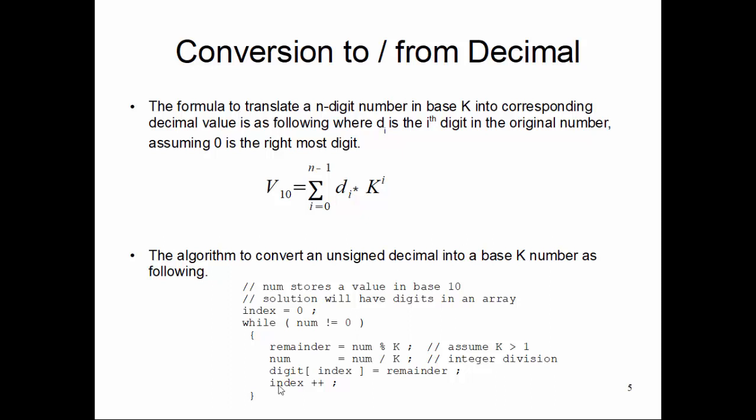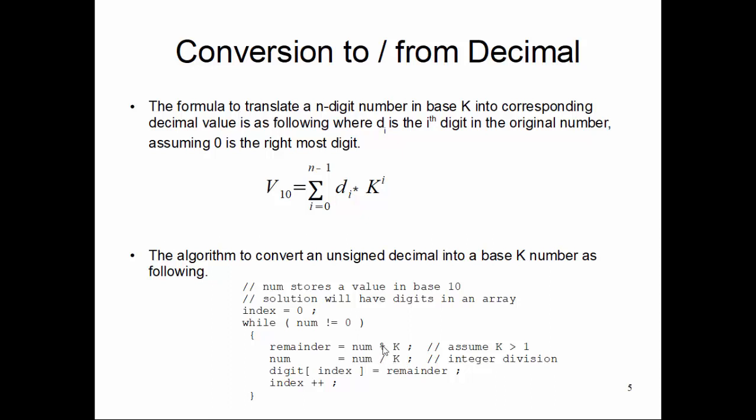Once we know that, we run this little algorithm. We take the decimal value and do a modulus operation with base k. This means we are computing the remainder from the division operation, and also the quotient of the division operation.